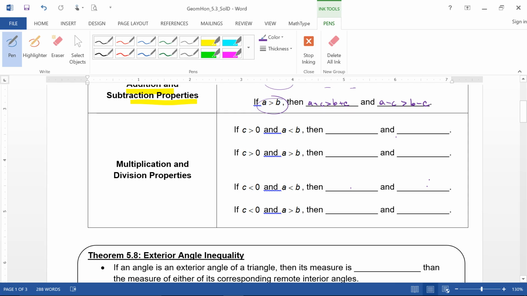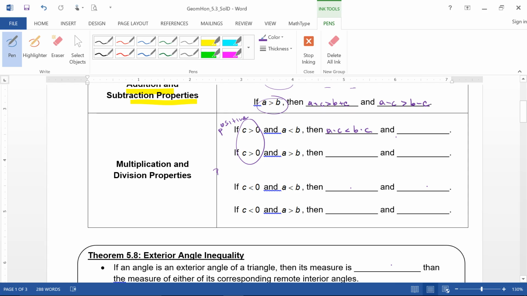So look at this case. If C is greater than 0, what does that mean? C is positive, right? So if C is positive, and you have A is less than B, then if you multiply both sides by C, you get the same inequality. So the inequality stays the same.